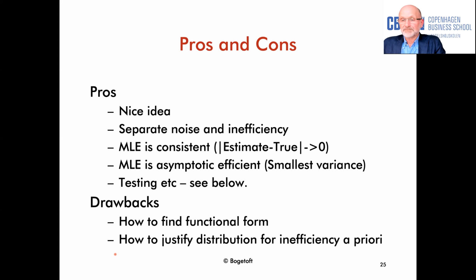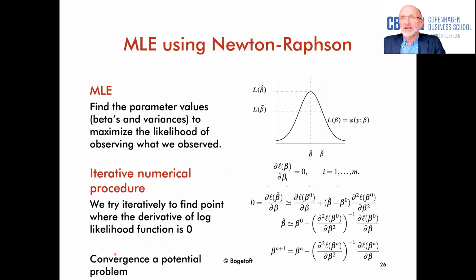So the idea of maximum likelihood estimation is explained a little bit on this slide. The idea is to find the parameter values, that is the betas and the variances, that maximize the likelihood of observing what we have observed.